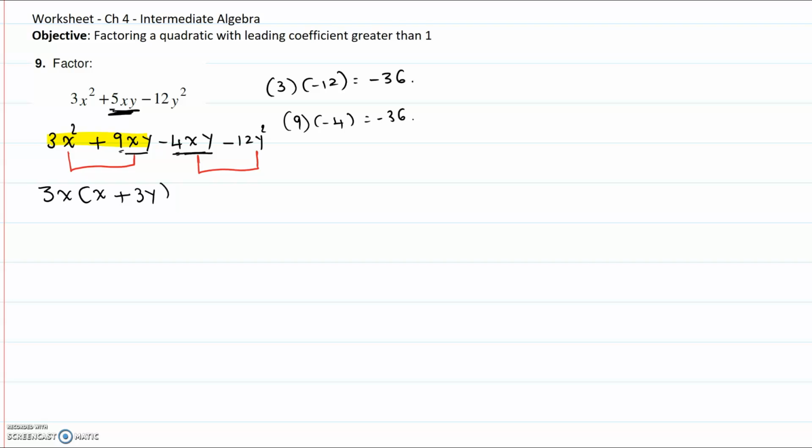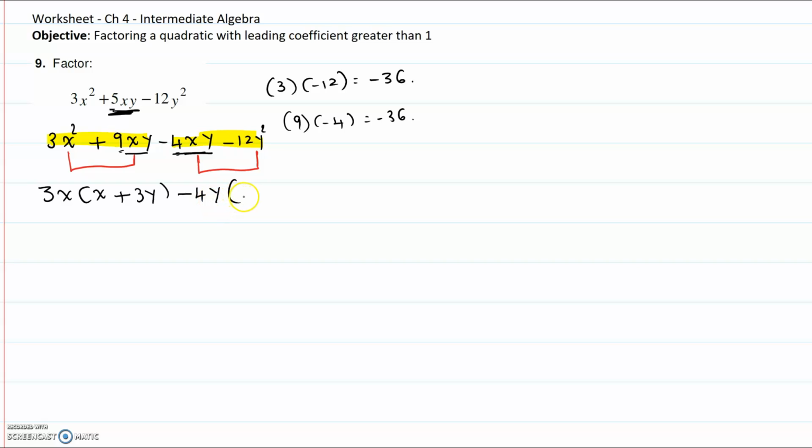Now we have to work on the second 2 terms. In these 2, negative 4xy and negative 12y squared, what is the GCF? That is negative 4, also y. So we have negative 4y factored out.